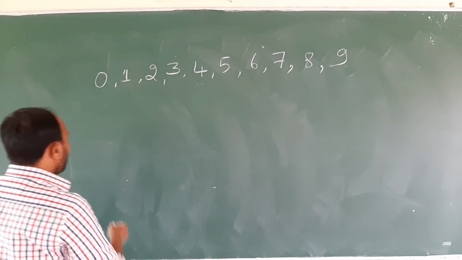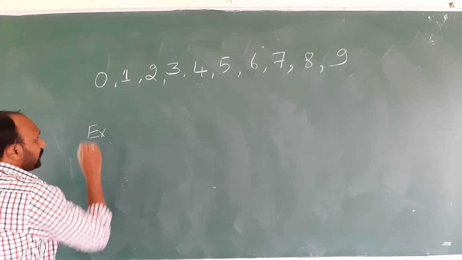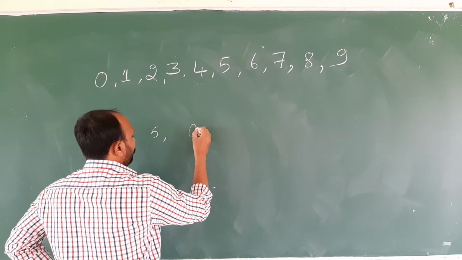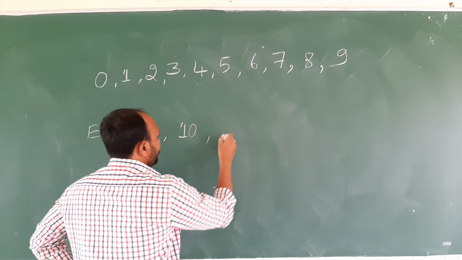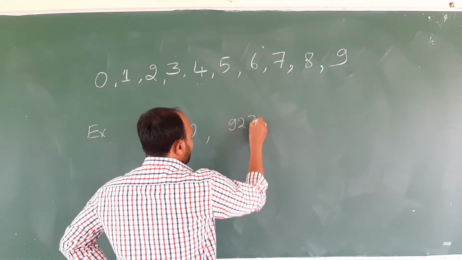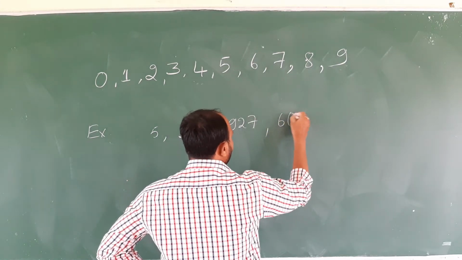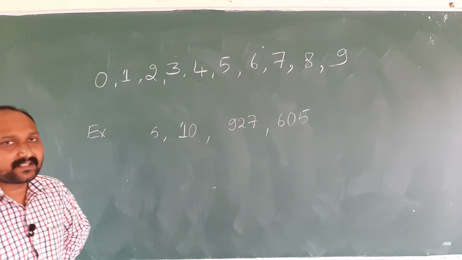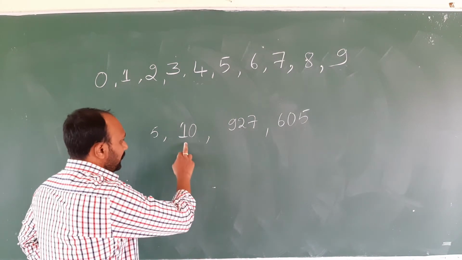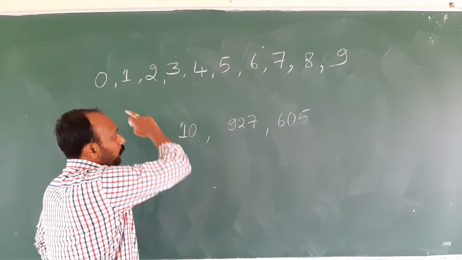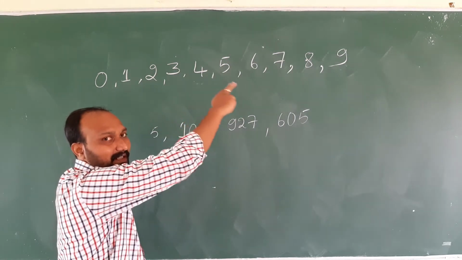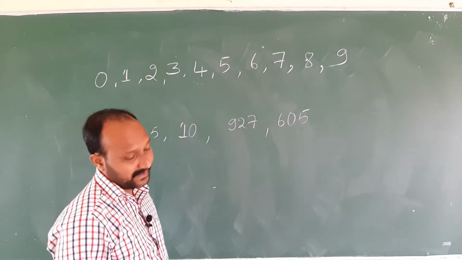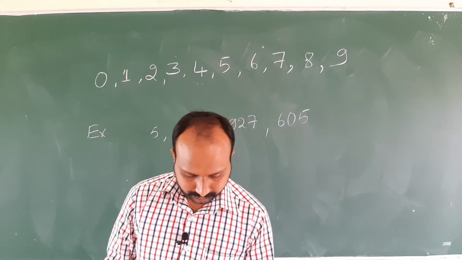Examples for decimal number system are 5, 0, 10, 927, 605. As you can notice here, each number is made out of only these 10 digits. That's why they are referred as decimal number system.